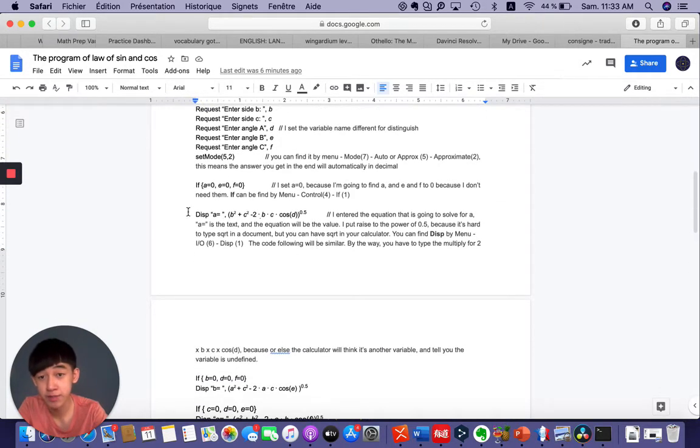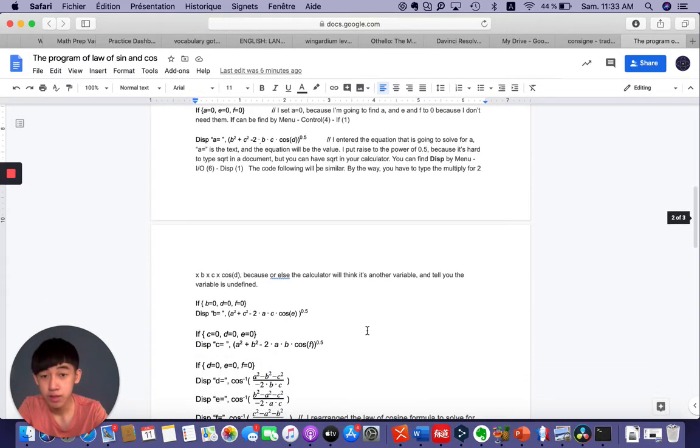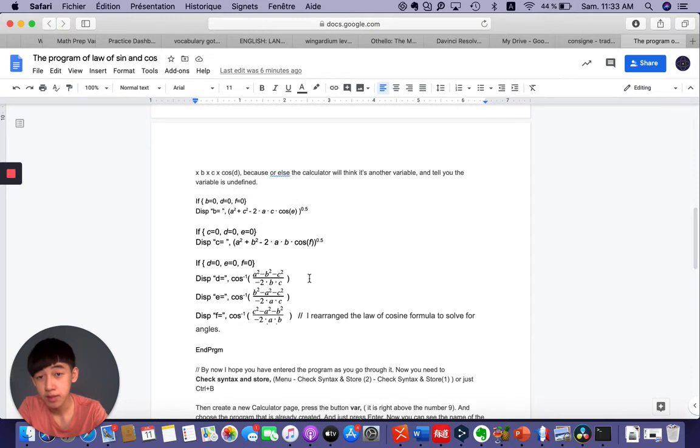And here is to find one side, and the following code are similar, as here b equals 0 and d and f equal 0 also means I need to find the side b. As you know, there are always two angles that I don't know, because in the cosine rule it's usually side angle side.